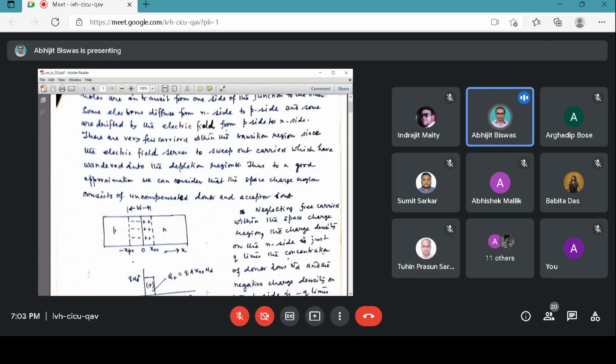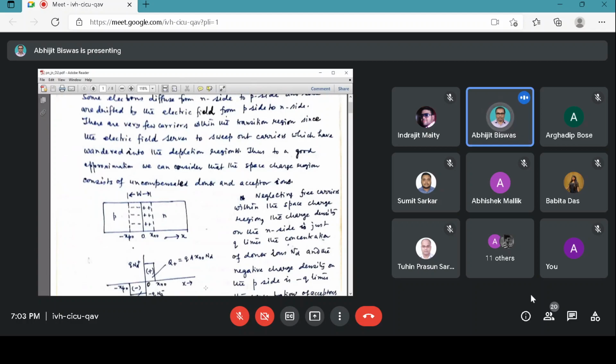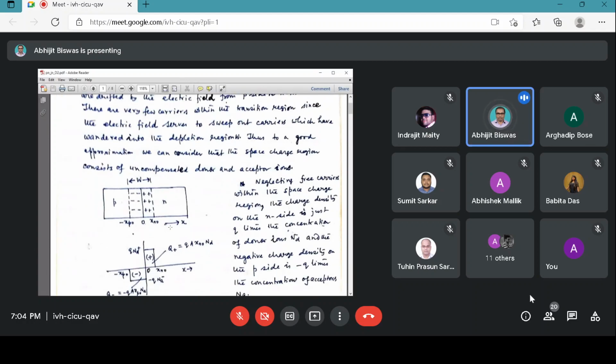Here in the figure, it is shown within this vertical dotted line. At x equal to 0, we have considered a one dimensional semiconductor where doping concentration varies with x. So x equal to 0 indicates the metallurgical junction, which is the boundary between p and n type semiconductors.